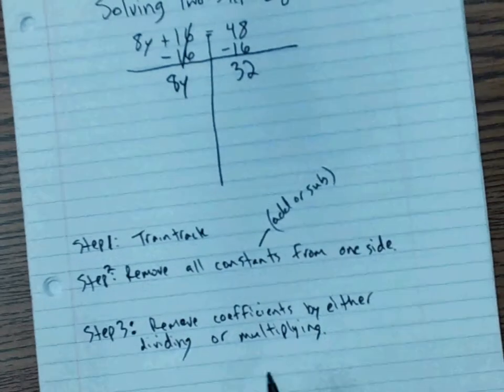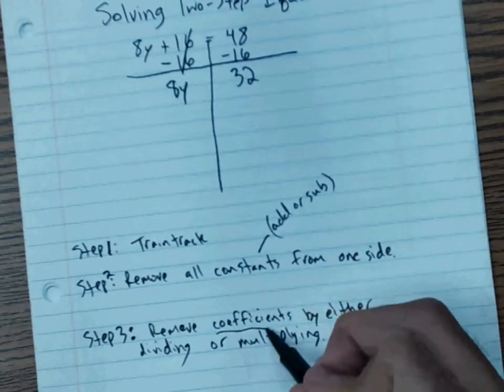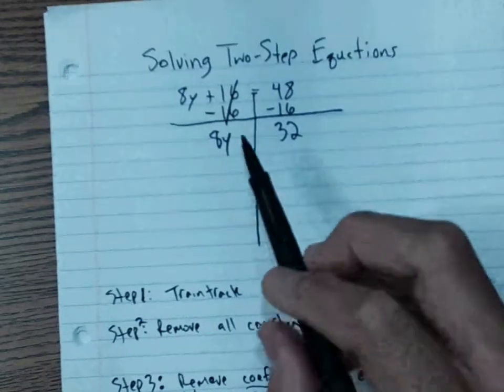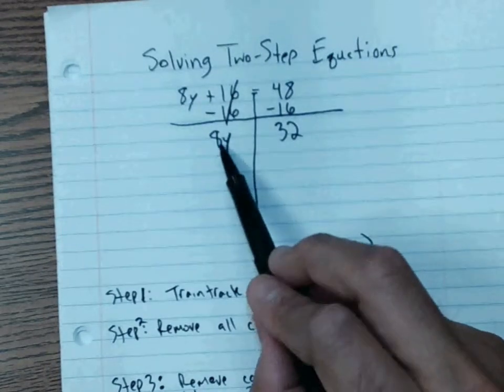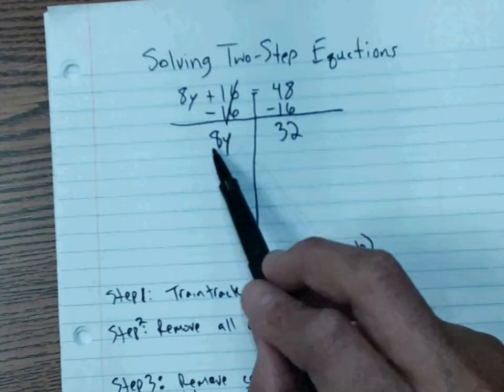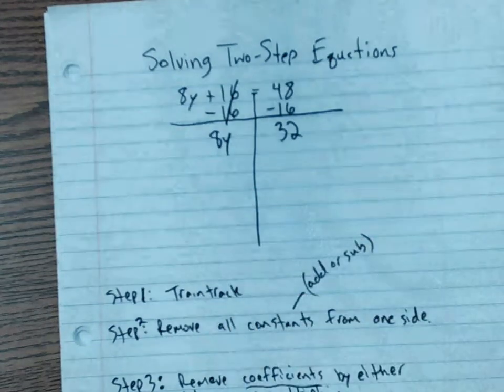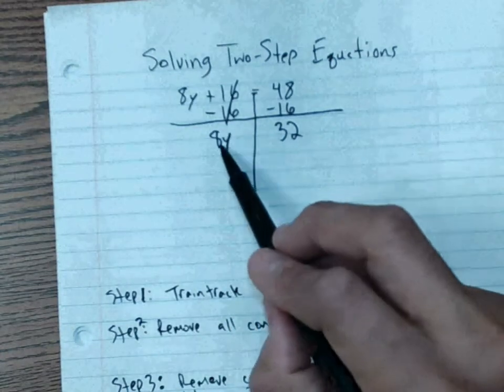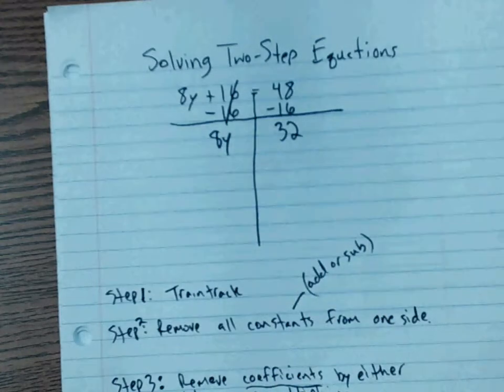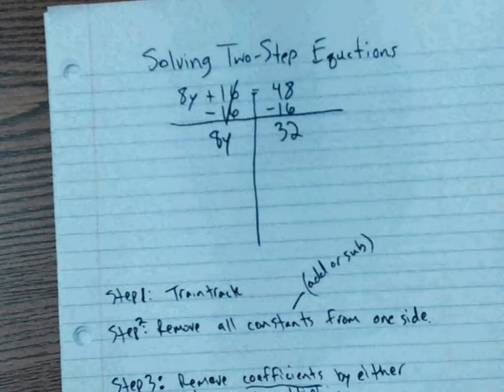That may be a new word for a lot of you guys, coefficient. Coefficient, that's the number that's attached to your letter, or that's multiplying or dividing your variable. So here I've got 8y, which is the same as 8 times y, or 8 multiples of y.